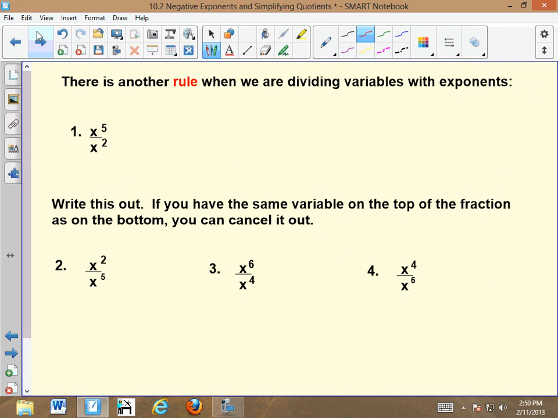All right. Now, when you're dividing variables, there's another rule with these exponents. We talked about this yesterday. How many x's do I have here? I hope you all said 5. So I can write this like this: 1, 2, 3, 4, 5.